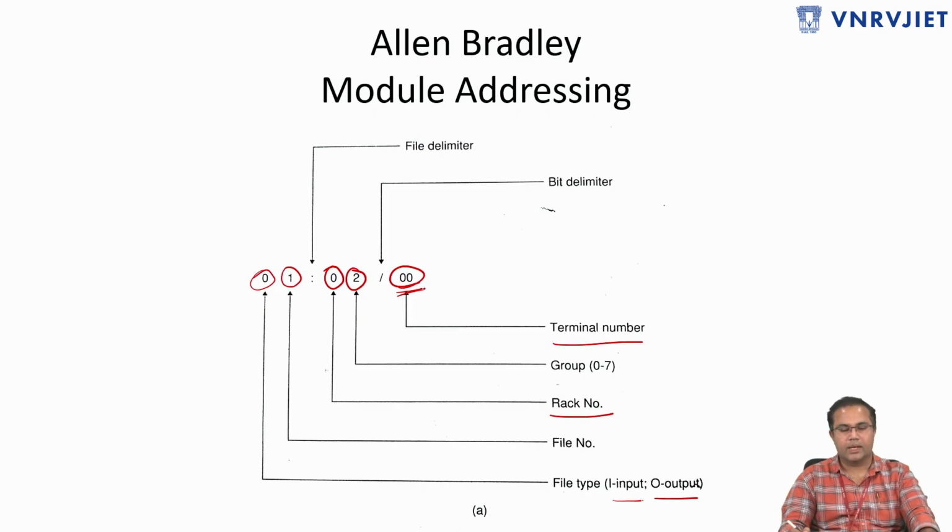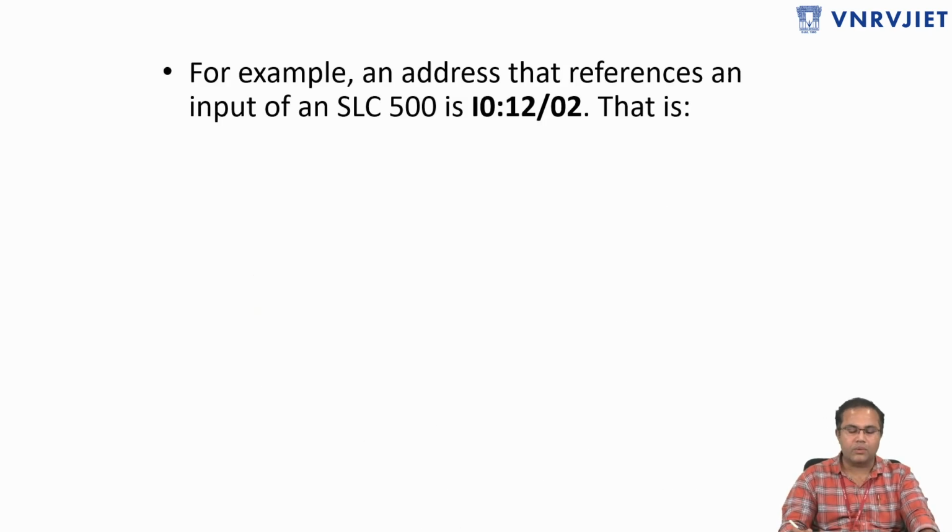Now we'll see this again in detail. I have taken an example address, I:1.2/02, from an SLC 500 PLC. SLC 500 is a large PLC in the Allen Bradley category.